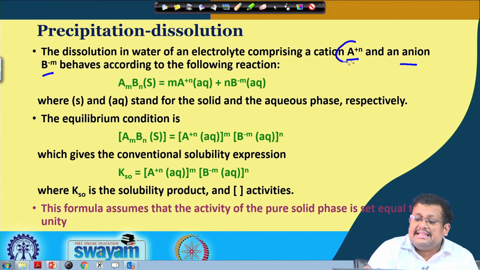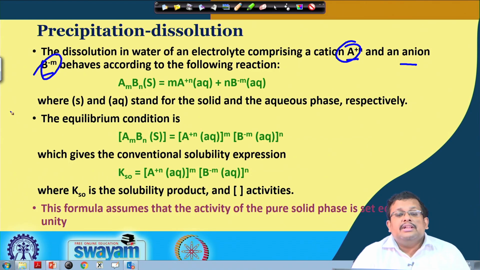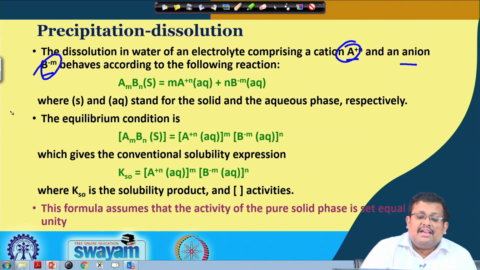So, this is basically the cation and this is basically the anion, which behave according to the following reaction, where AmBn(s) is the solid, then mA in aqueous form and nB also in aqueous form, where s and aq stand for the solid and aqueous phase respectively.